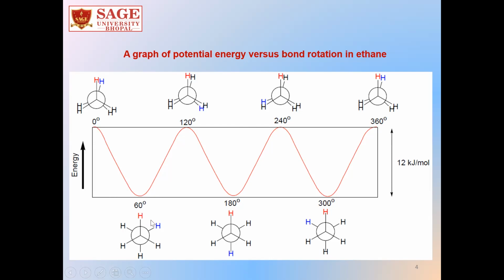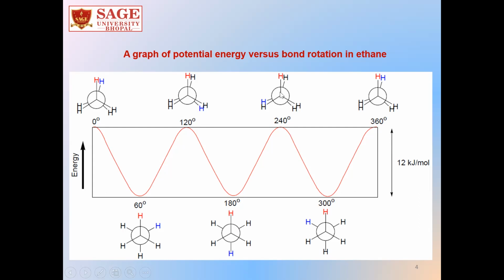Again, if we rotate it by 60 degrees, we can see this kind of eclipsed conformation will be obtained. So if we rotate this one by 120 degrees, again the 12 kilojoule per mole torsional strain will be there. Again at 180 degrees, or 60 degrees from here, we can see these are anti, so 0 torsional strain.